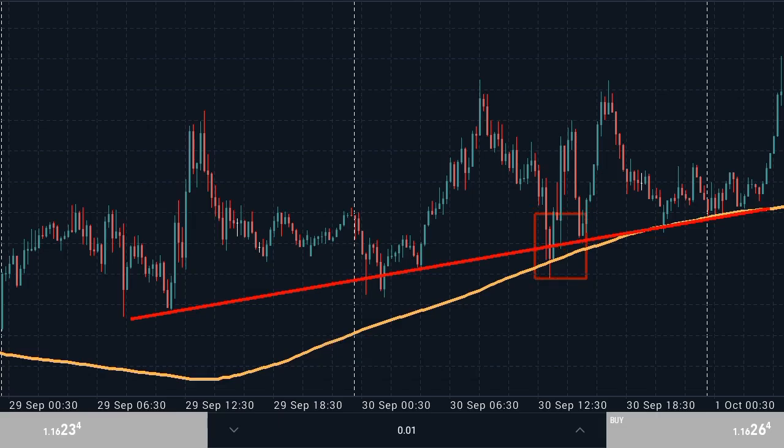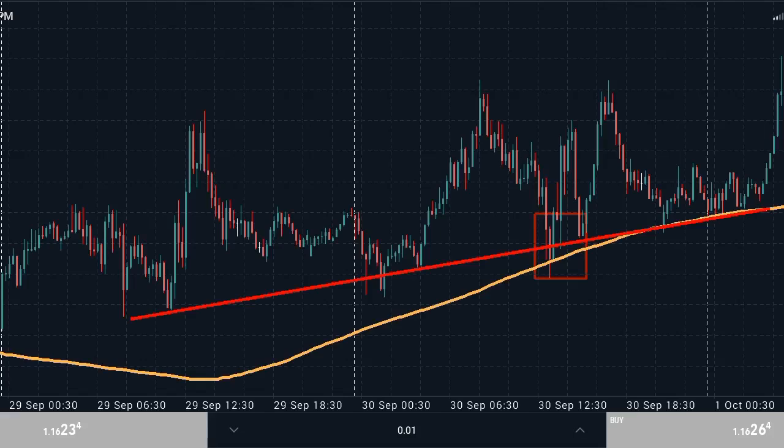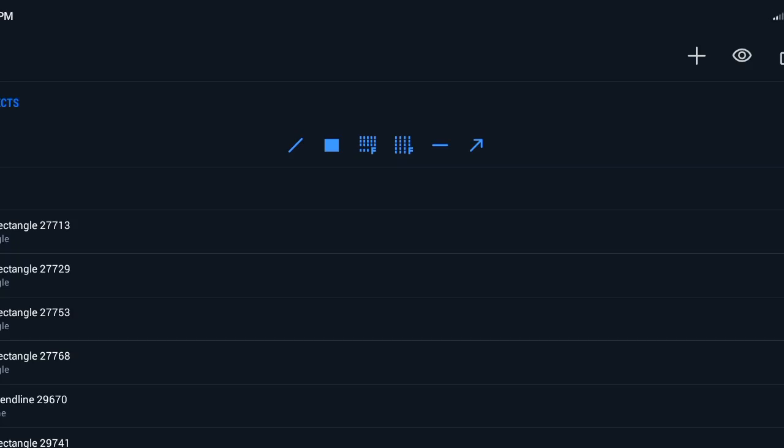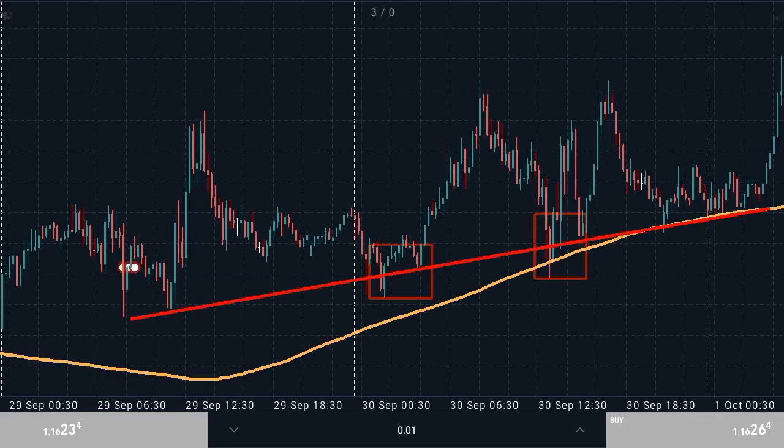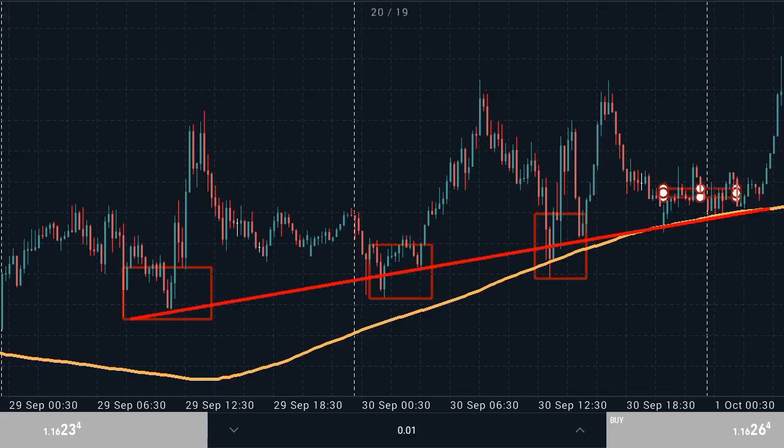Look at it. Here we have many support zones. Look at these zones. They are actually support zones.